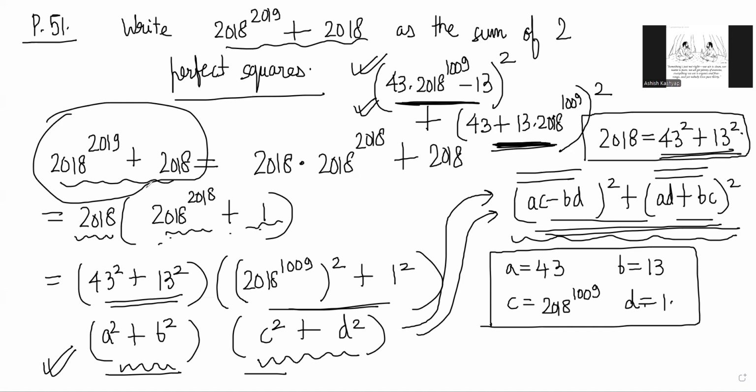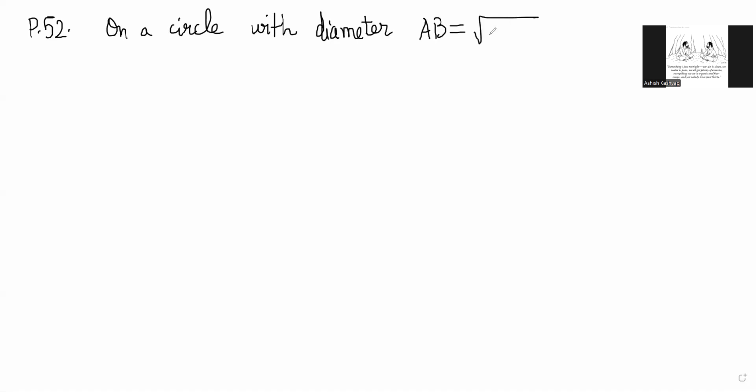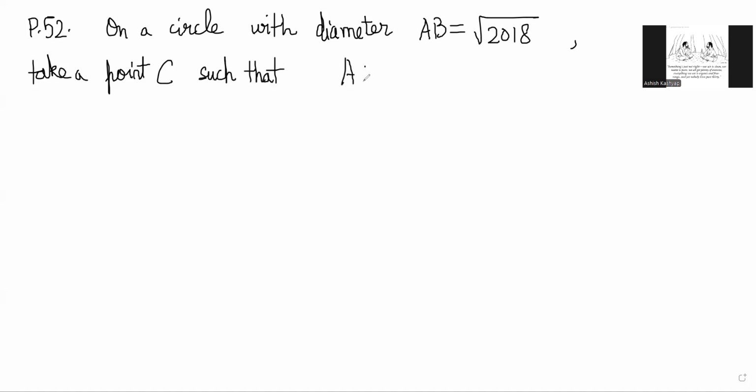Okay, I will move on. Problem 52. This one is on a circle with diameter AB equal to square root of 2018. Take a point C such that AC minus BC is equal to 30.